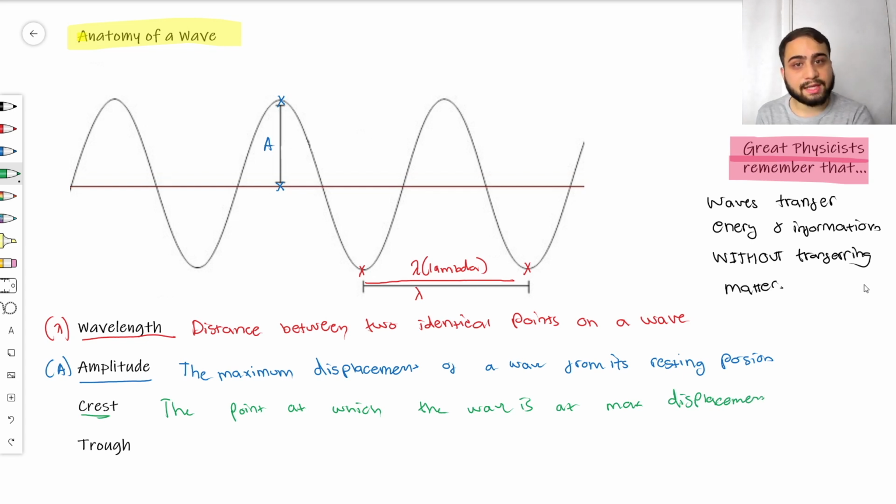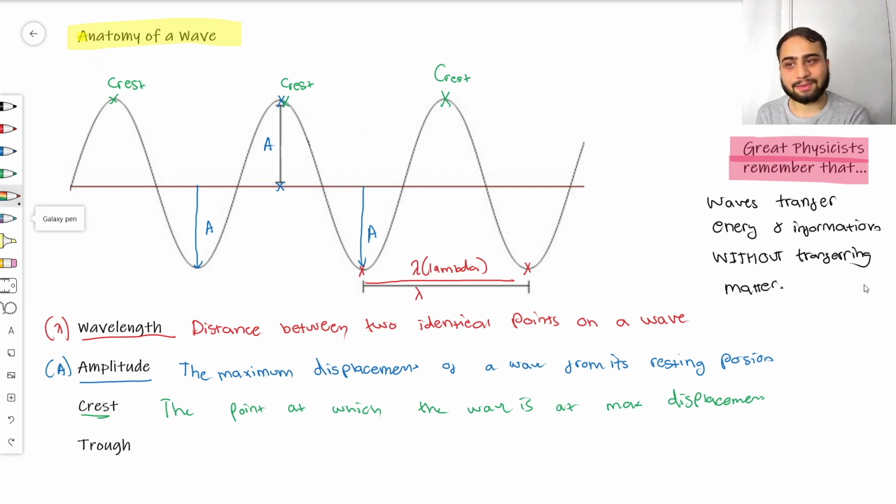Crest is only in the positive direction. We have our crest here, we have a crest here, we have a crest here. But you can also get amplitude in the negative direction. So if we had from here to here, that is also amplitude. If we had from here to here, that is also amplitude, but you can't call the lower point the crest.